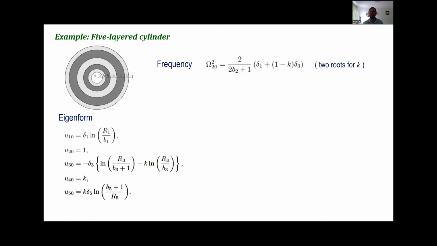Now, if we look into five-layered, we have two stiffer components, so we're likely to have a bi-quadratic equation. So we'll have two roots for that. And this is what the eigenform would be. Here you can see a lot of logarithms, but this parameter k is certainly important.